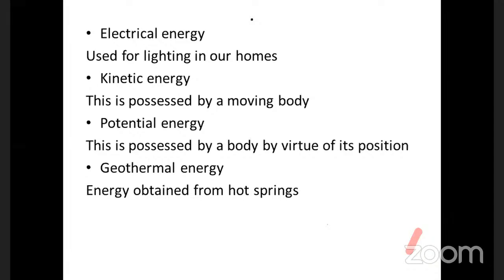Someone is simplifying that for us: the answer is that energy which arises from the fact that it is hot deep inside the earth.